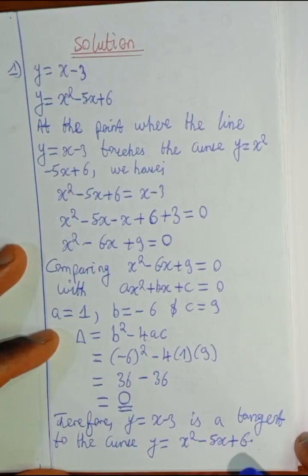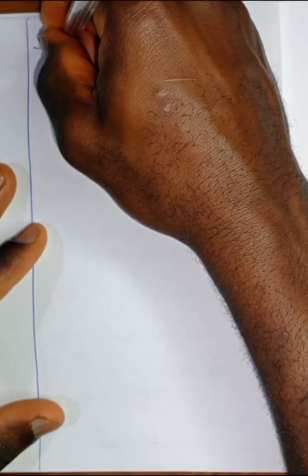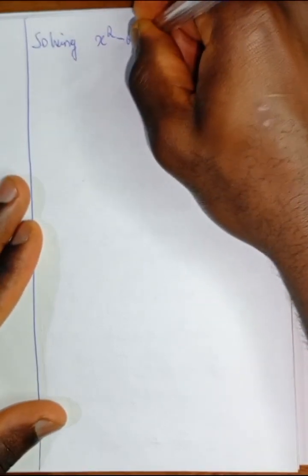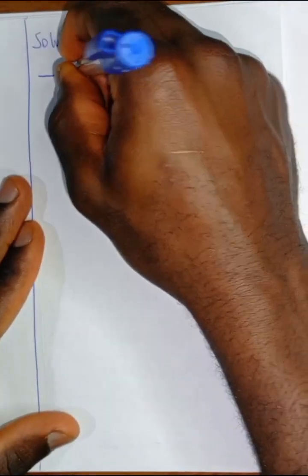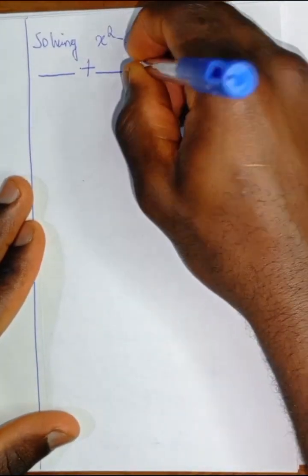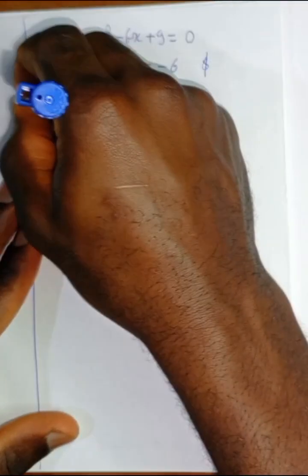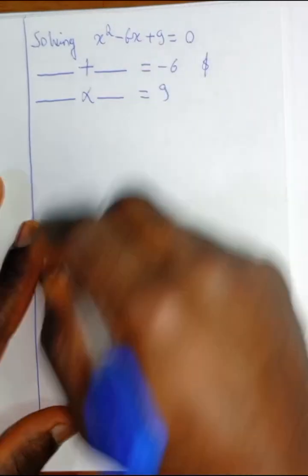Now let's proceed by solving the quadratic equation x squared minus 6x plus 9 equal to 0. So we need two numbers such that their sum is equal to negative 6 and their product is equal to 9.